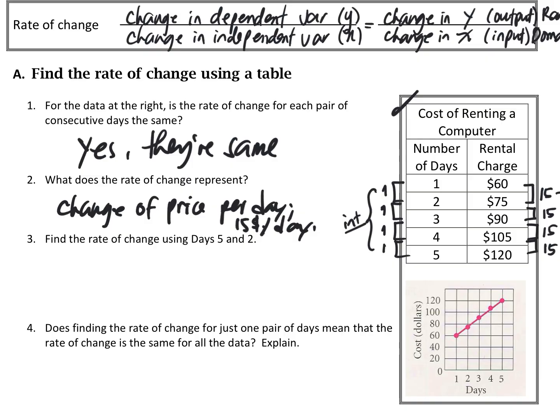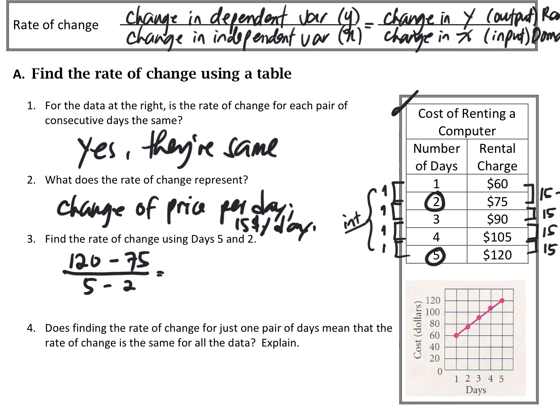So let's see, find the rate of change using day 5 and 2. What we can simply do here is subtract 120 minus 75, and then over the days 5 minus 2.